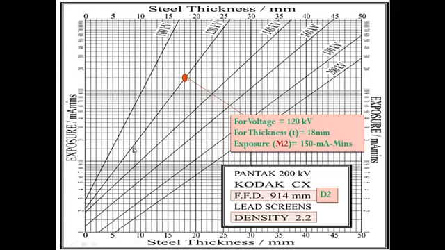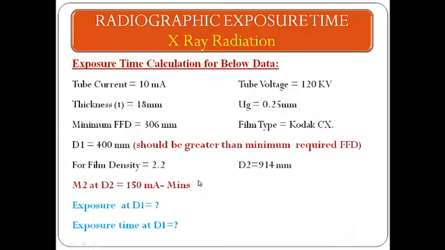From the chart, and this chart is for the Kodak CX, so the type of the film which we are using is Kodak CX. Always remember that your D1 distance at which you are going to make a shot, the FFD, should be greater than the calculated minimum FFD. So D1 we selected, greater than this value, is equal to 400 mm.